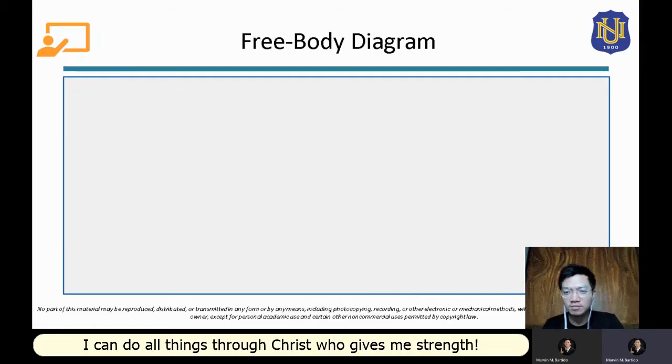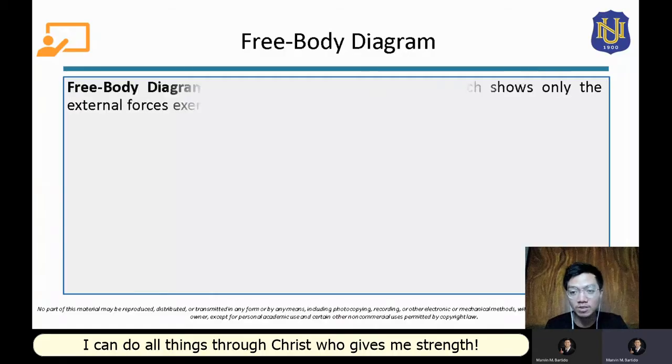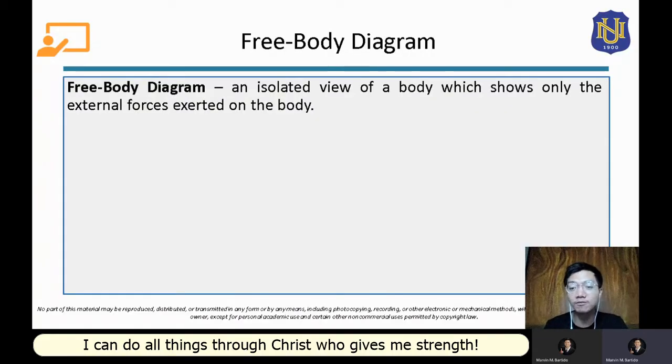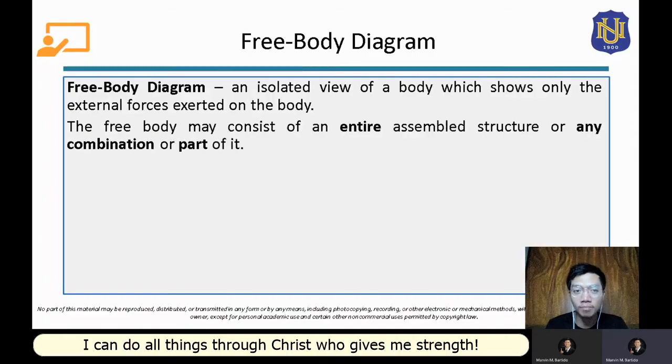For equilibrium of force systems, it is important that we first learn the concept of the free body diagram. So what is a free body diagram? A free body diagram is an isolated view of a body which shows only the external forces exerted on the body. The free body may consist of an entire assembled structure or any combination or part of it. So we can construct the free body diagram of an entire structure, but we can also construct the free body diagram of each body that is part of the structure.